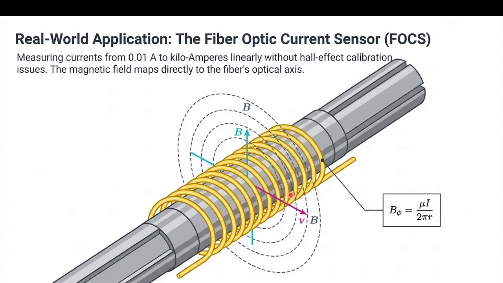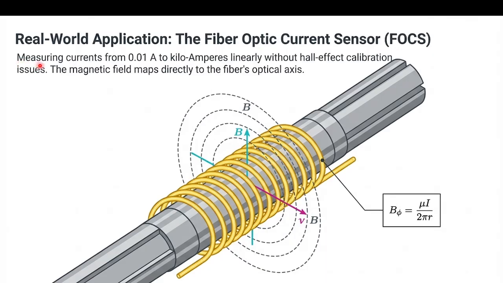For that, we are using the fiber optic current sensor, which is very sensitive and very useful nowadays, where a leak from an electrical wire can be easily detected, or it can be easily measured whether a leak is there anywhere or not.